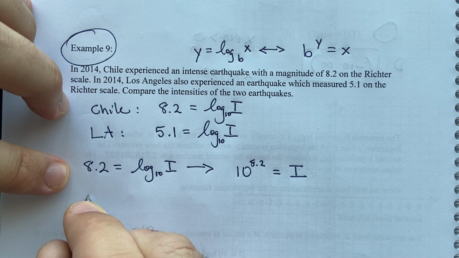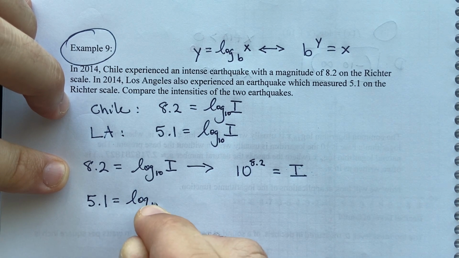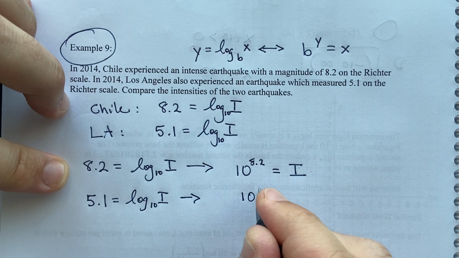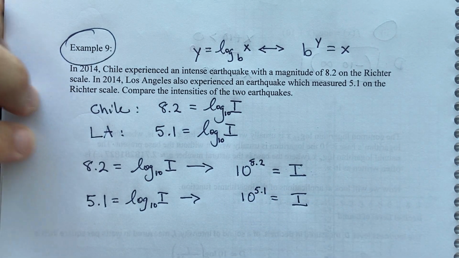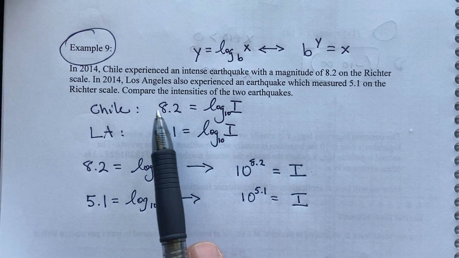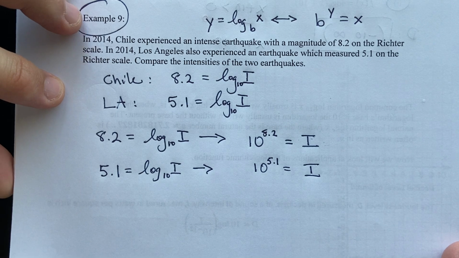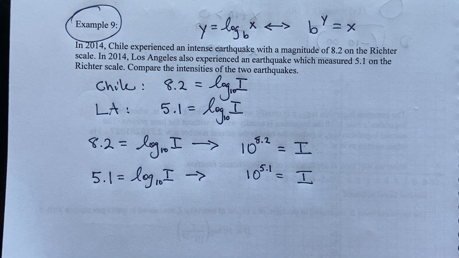For the LA one, we had 5.1 equals log base 10 of I, and that would transfer to 10 to the 5.1 equals I. By compare the intensities, what I really mean is how much more powerful, how many times more powerful was the Chilean earthquake than the LA one.